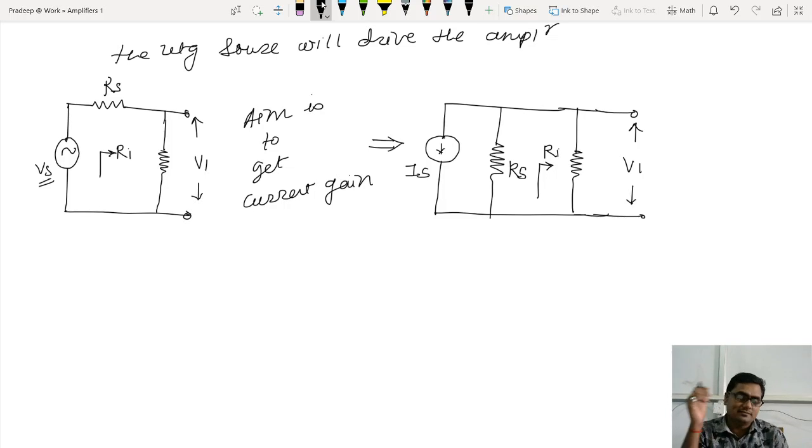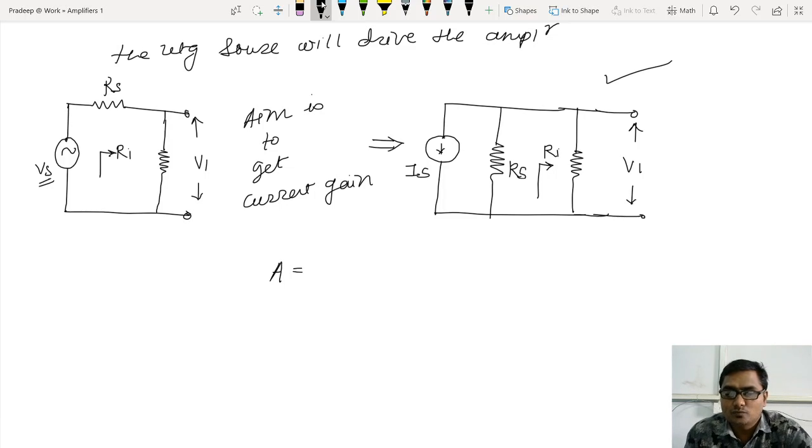But see, in an equivalent circuit of the input part, what we have is a voltage source. I don't want this. I want a current source. So I have converted that voltage source into a current source, and that's what finally I am getting at the input side.